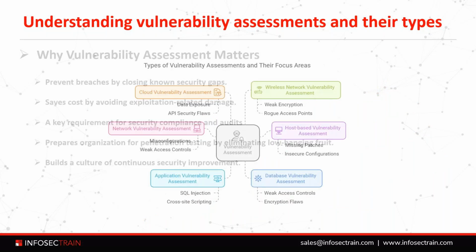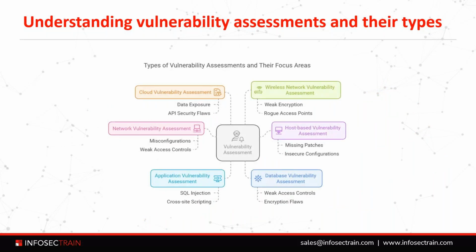Then types of vulnerability assessment and their focus areas, yes. Vulnerability assessments are not one size fits all. Different parts of your infrastructure have different weaknesses, so we use specialized assessments to find them. So we have cloud vulnerability assessment. Focus areas are your data exposure and API security flaws, right? Data exposure like S3 buckets or Azure blobs open to the internet.